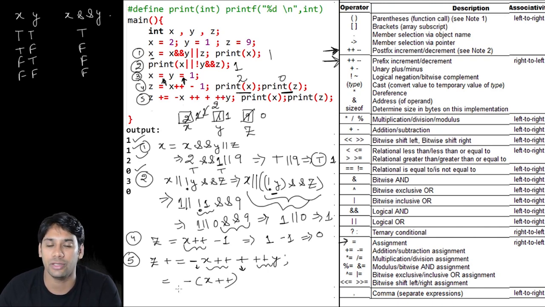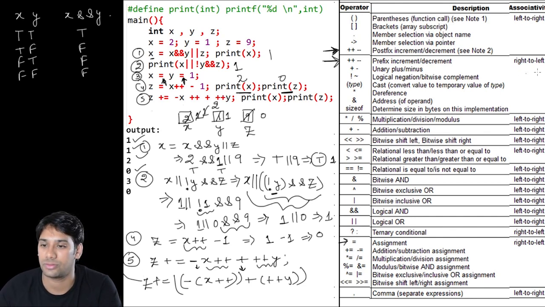Then we are going to calculate this pre-increment, that is ++y. Then we are going to do this unary operation, then this binary operation, and then this other operation.